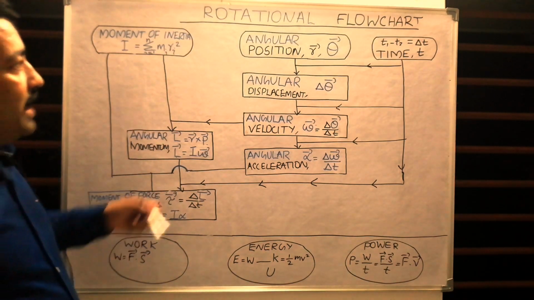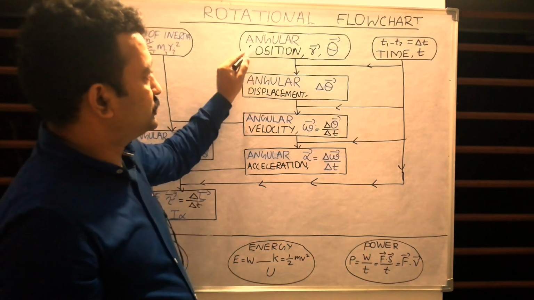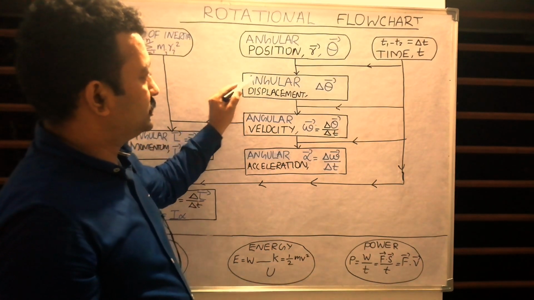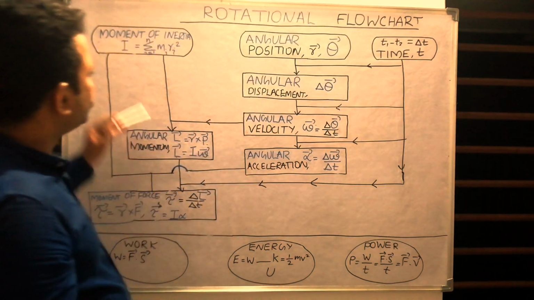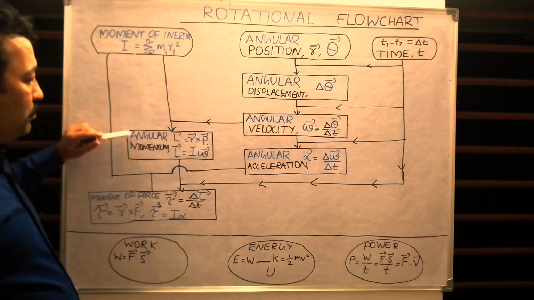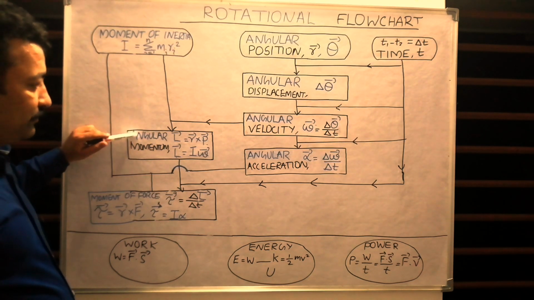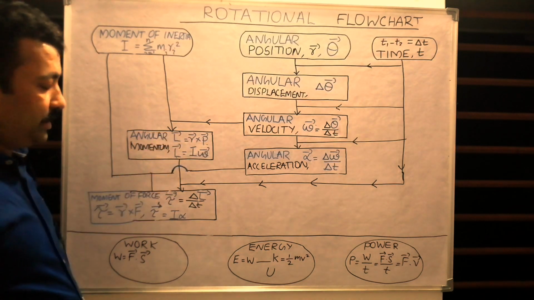Look at it again. You can see everything over here is represented with angular terms. Position is angular position, displacement is angular displacement, then velocity, acceleration. Inertia is replaced by moment of inertia. Momentum is replaced by moment of momentum, which is r cross momentum, or I into omega.